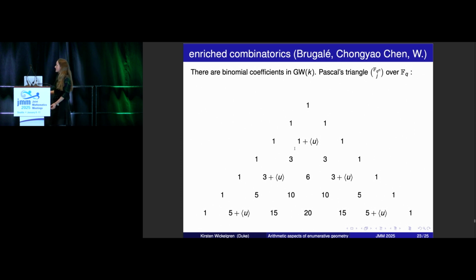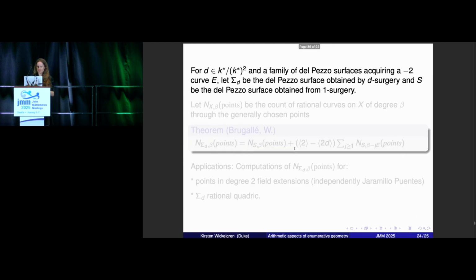And for the surgery case that we were talking about, that gives this theorem here. We're back in this situation where we have a family of del Pezzos acquiring a -2 curve, E, and we have this surgery operation that I briefly described.